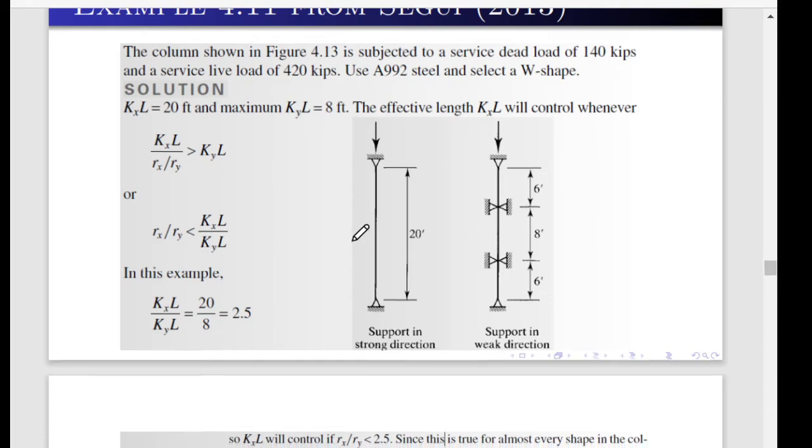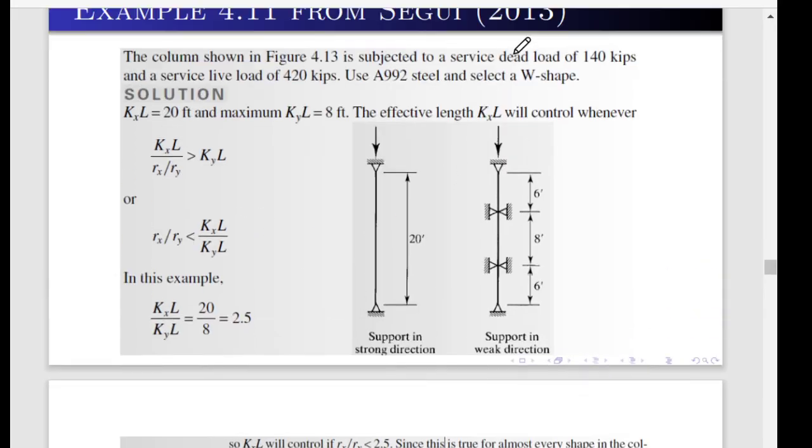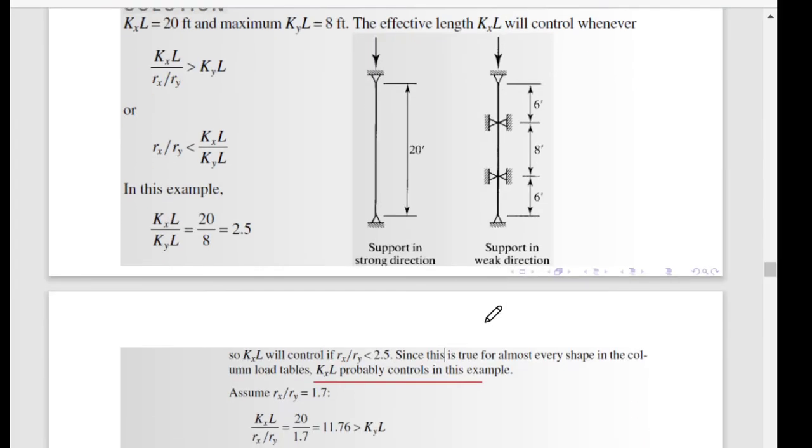So the value of your Rx over Ry should not be greater than 2.5 for the KXL, or the strong direction, to control.